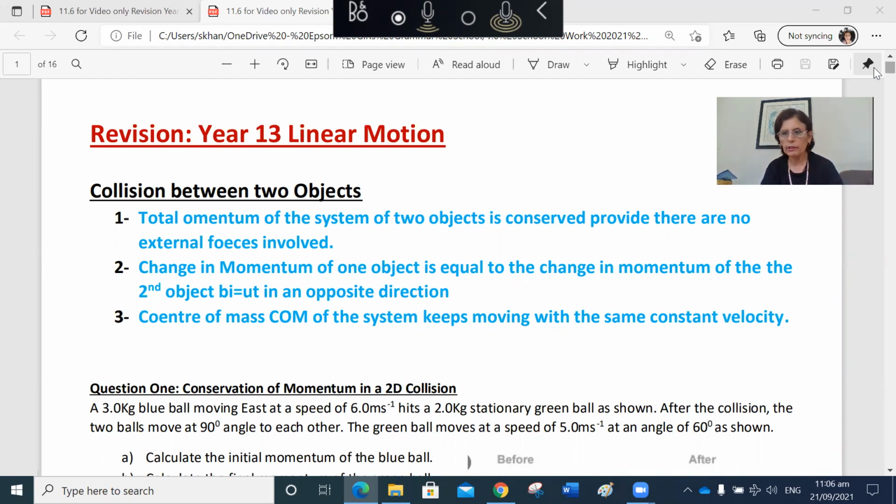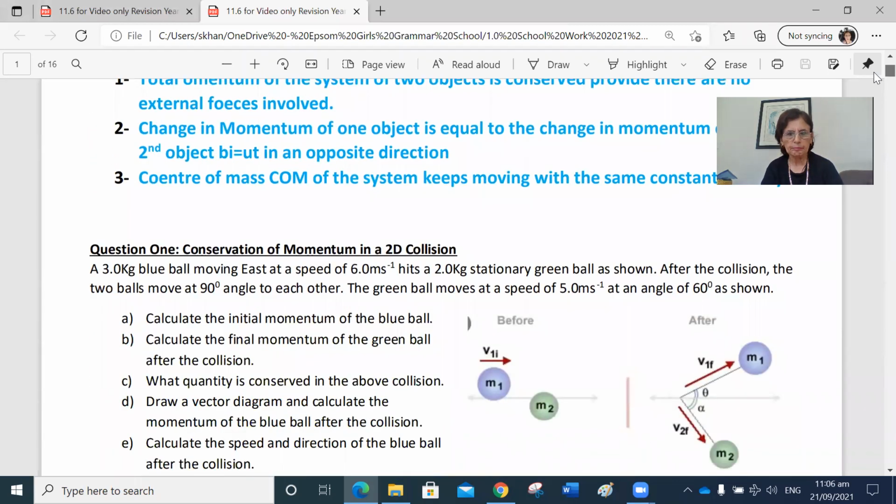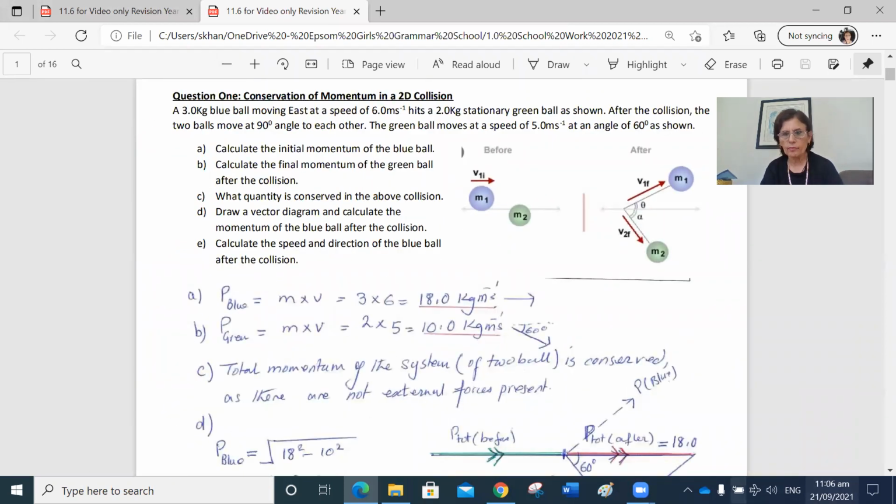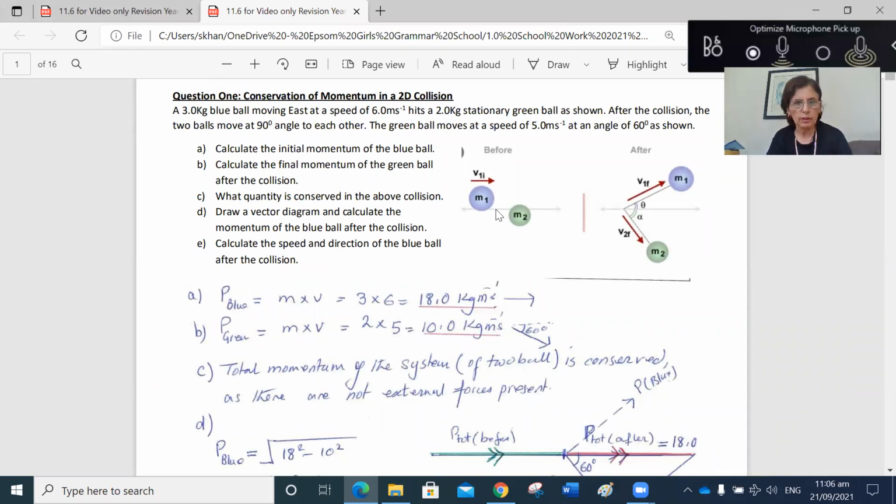So now we're going to look at some collisions. If you look at this question, the blue ball was moving in this direction and it collides with the stationary green ball, and after the collision, the two balls move in these directions as shown in the diagram.